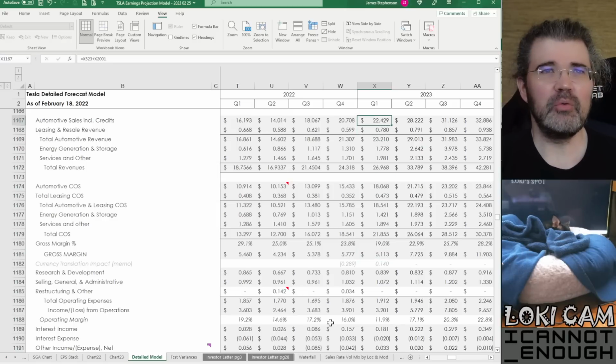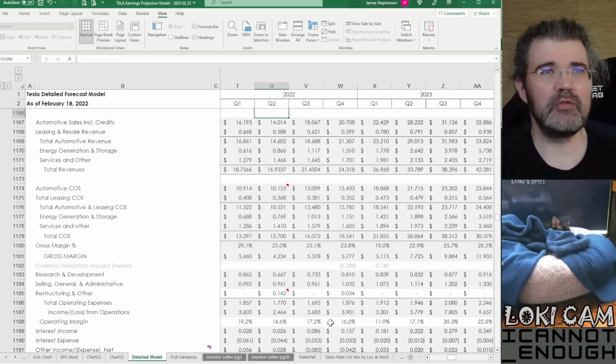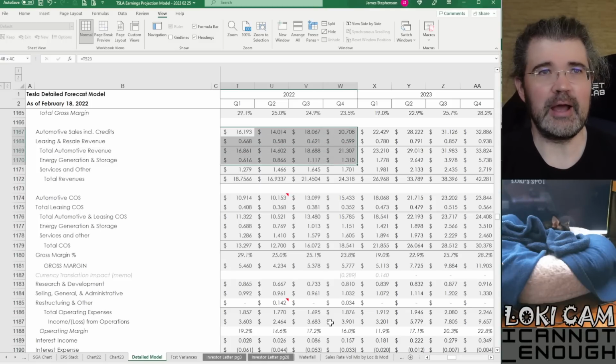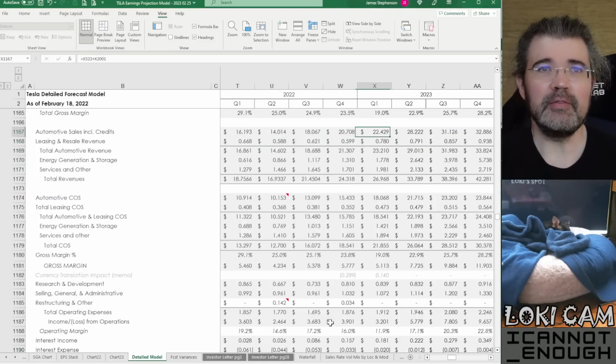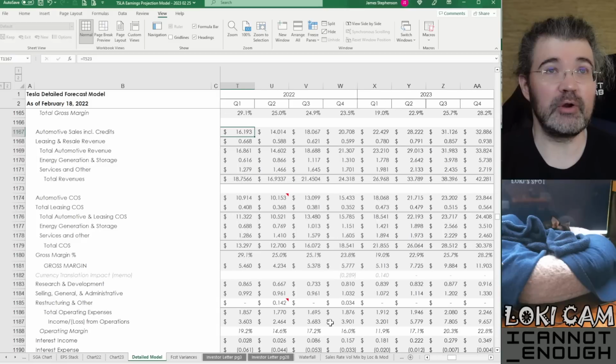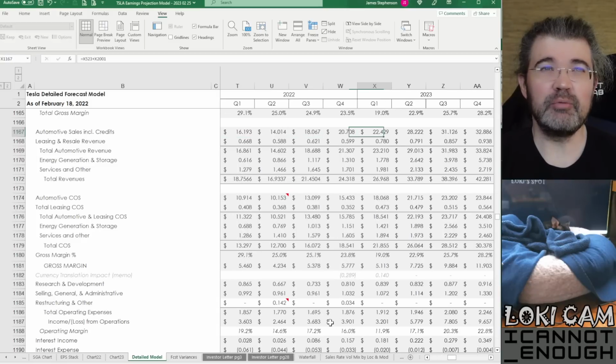All right, so what do we have here? Well, this is 2022 here, so these amounts are actuals. And this is my forecast for 2023, and these are not actuals. That's my forecast. I thought that would be a pretty good way of showing this to you.